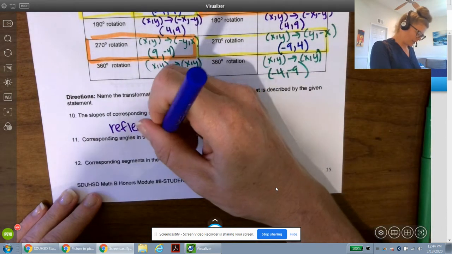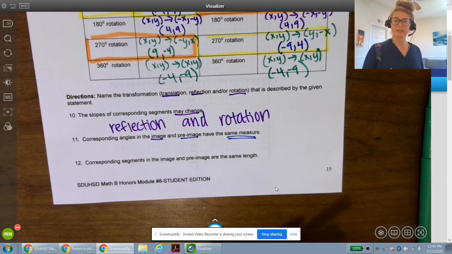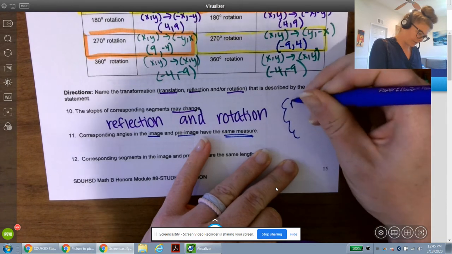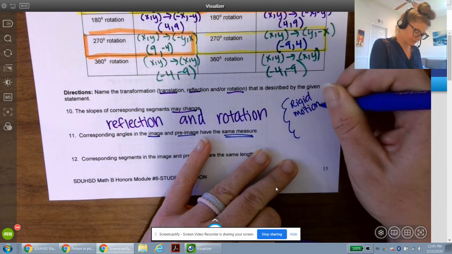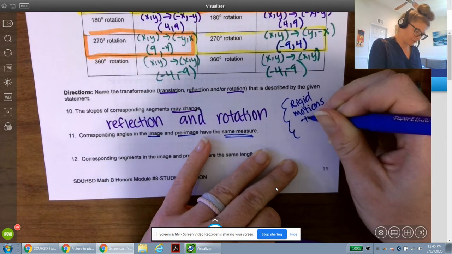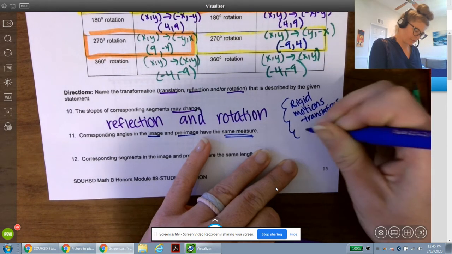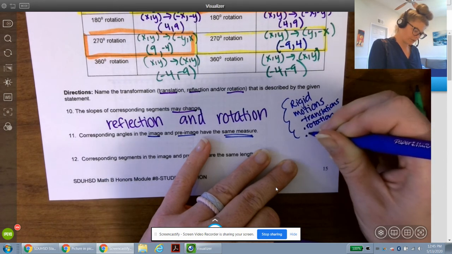Corresponding angles in the image and pre-image have the same measure. So remember, all of these motions are rigid motions. So I'm going to make a little bubble over here. Rigid motions include translations, rotations, and reflections.